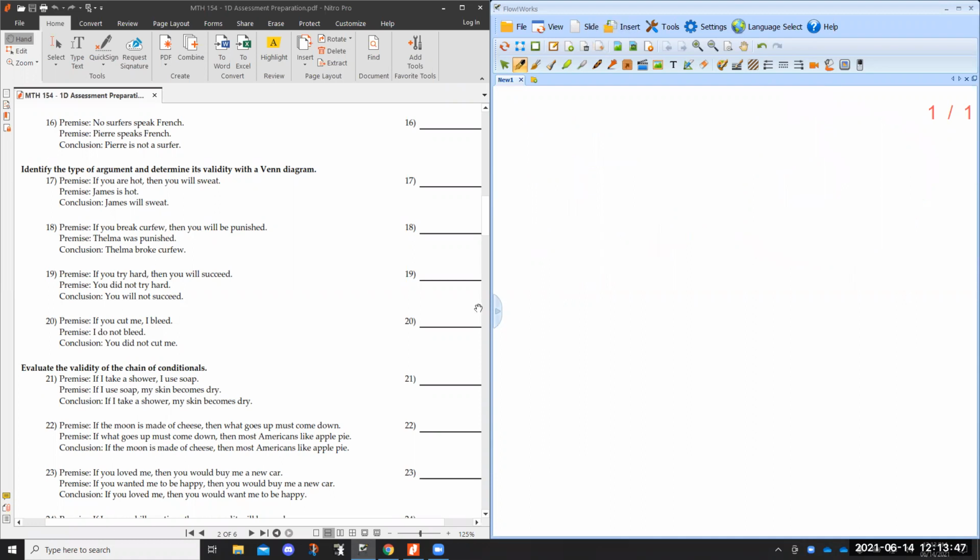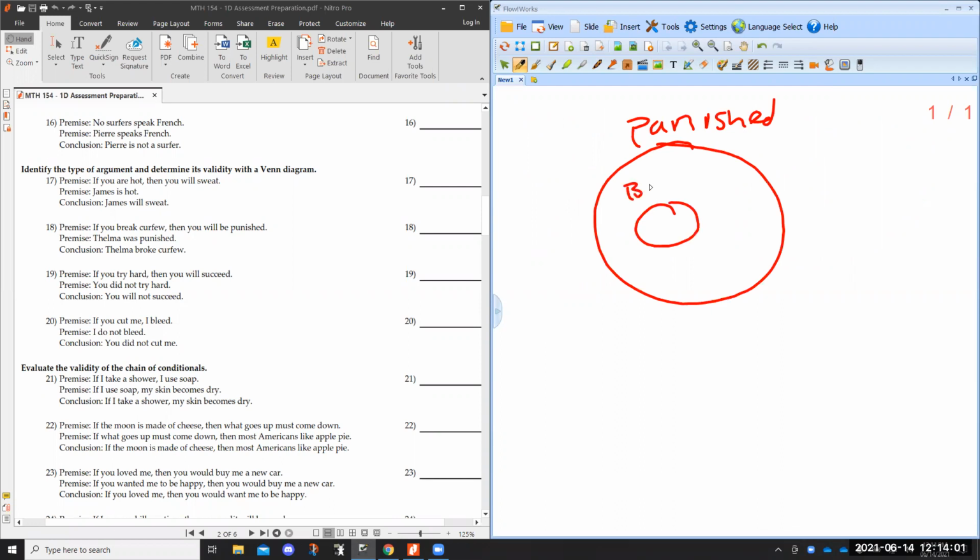If you break curfew, then you will be punished. Thelma was punished. So here's people who are punished. There's people who break curfew. And here's Thelma. I don't know if she's getting punished because she broke curfew or for some other reason. I just know that she was punished. So this is invalid.